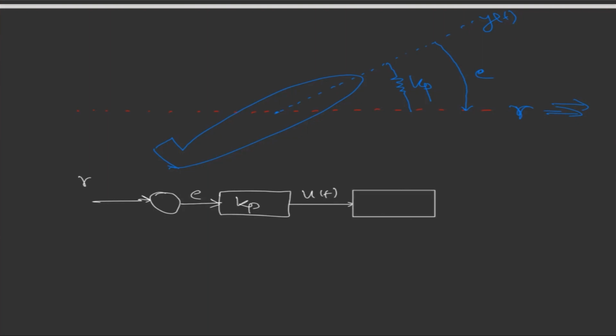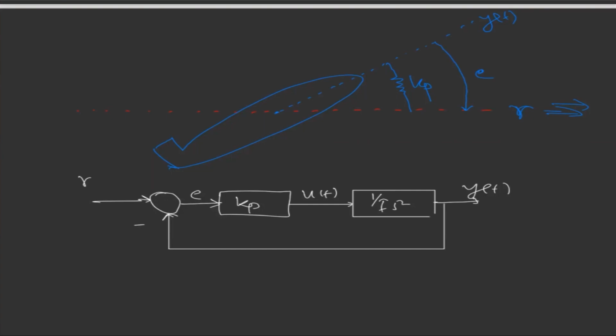So now, if you draw the closed loop diagram in this case, this is my R, this is the error, this is the control block Kp, and this is the output U of t, this is the plant, 1 upon I s square, and this is Y of t, with the negative feedback.